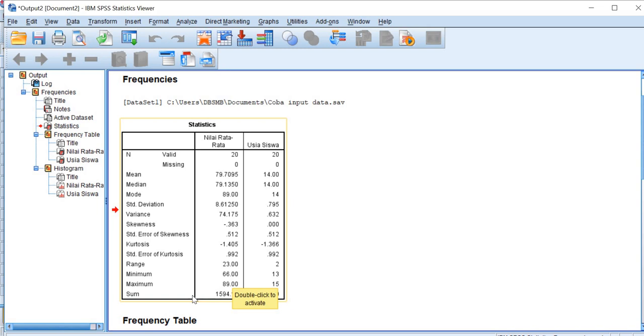And the sum is the total score of the data. So that's all for interpreting the first output.